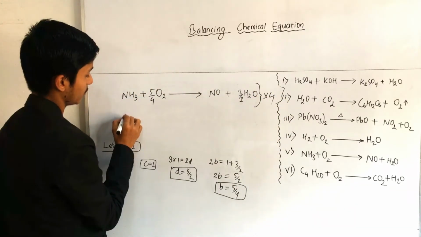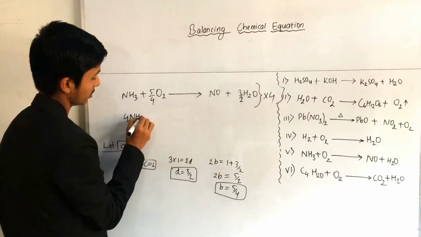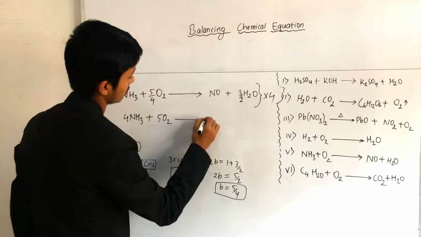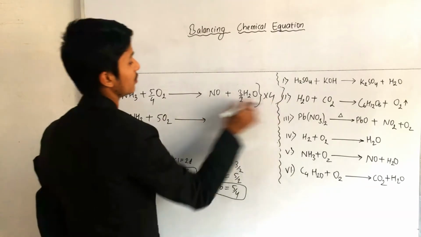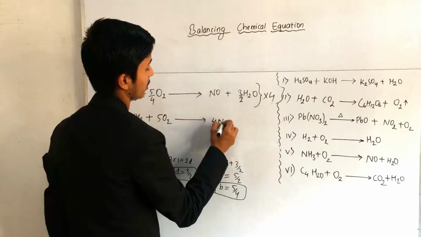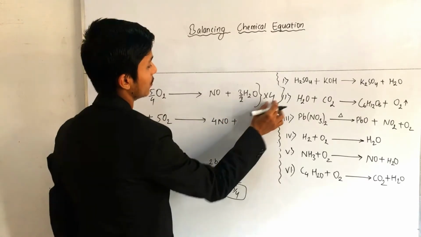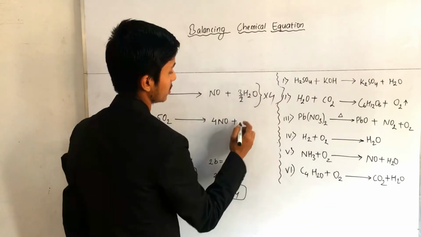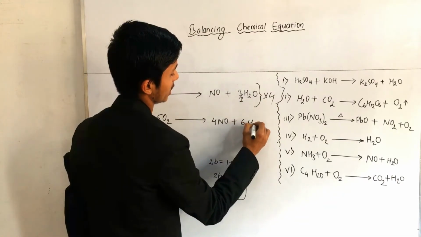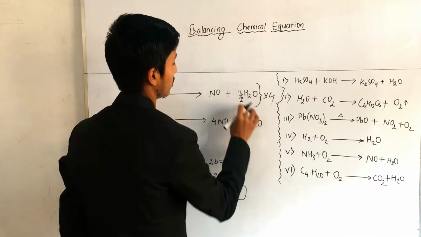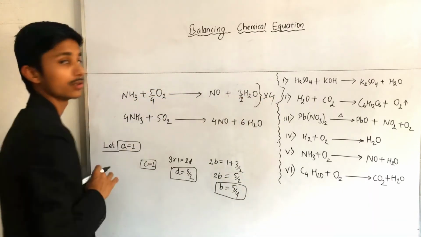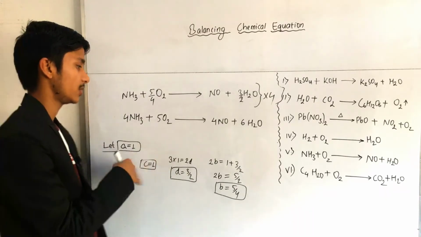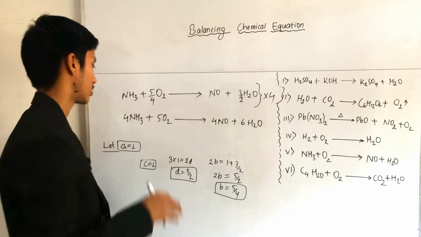We get here 4NH3 plus 5O2, then it gives 4NO plus 4 into 3 by 2, which is 6, H2O. Now we check whether the given equation is balanced or not.